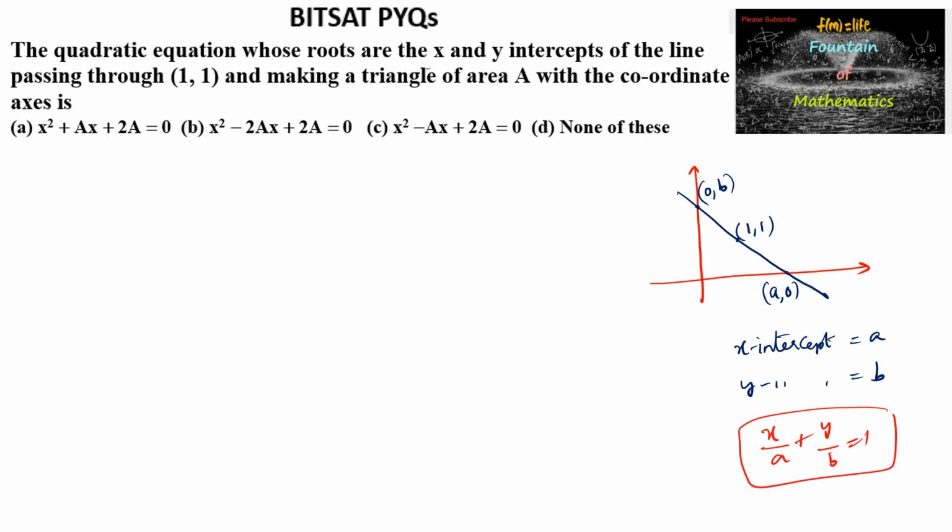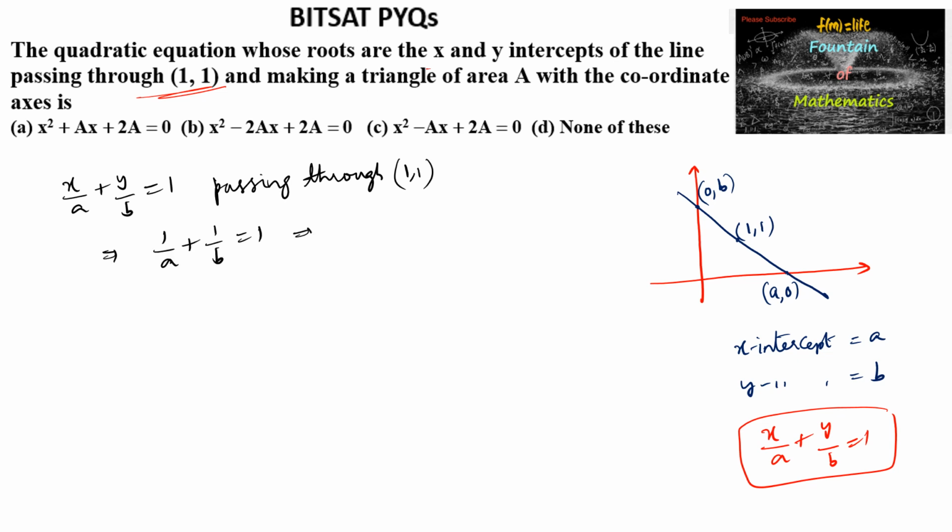And since the line is passing through 1 comma 1, which implies that 1 upon a plus 1 upon b is equal to 1, or we can write it as a plus b upon ab is equal to 1, or we can write a plus b is equal to ab.